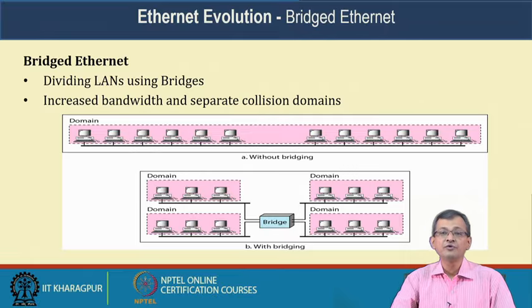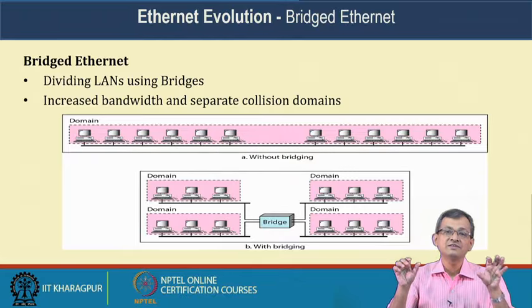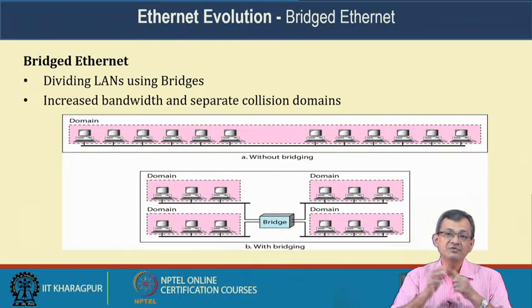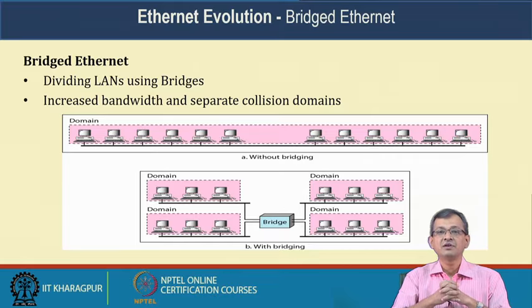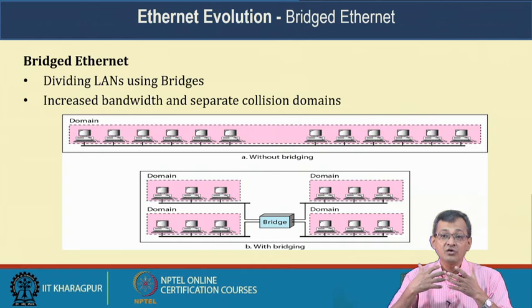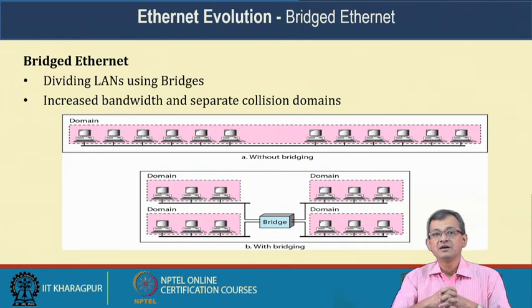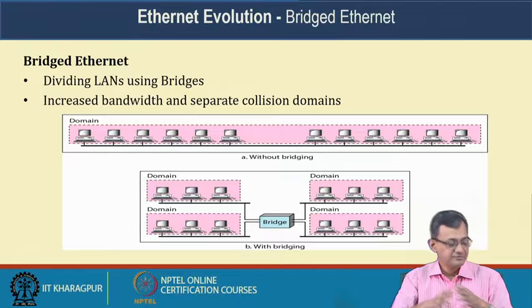If you look at your own network in your office or college, where a number of networks are there, at least we have layer 2 devices which divide the collision domain and effectively increase the bandwidth of the network, right. Or in other words, the wastage of bandwidth due to collision is reduced. That is a very standard practice.